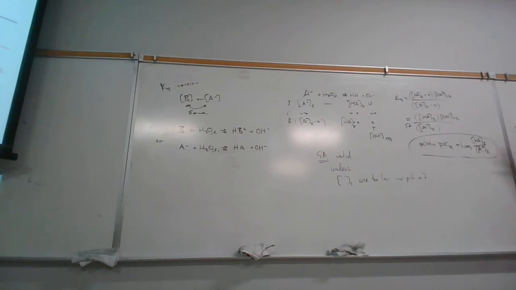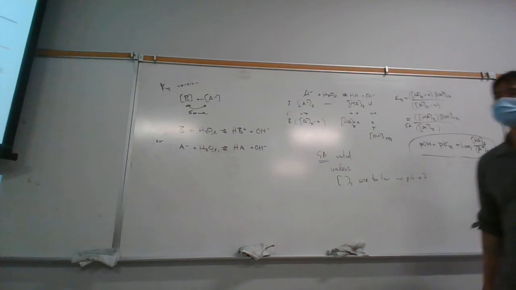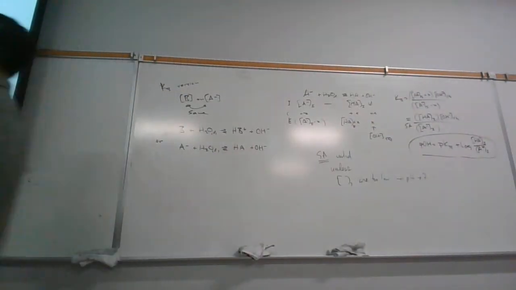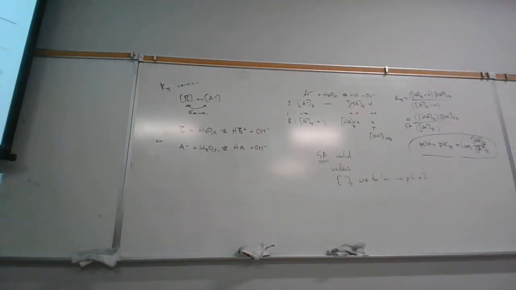And so if we made a buffer that has 16.4 molar ammonia and 10.2 molar ammonium, that's a lot of material. That would be an expensive buffer, right? That would be a good buffer because it has lots of acid and base in it.